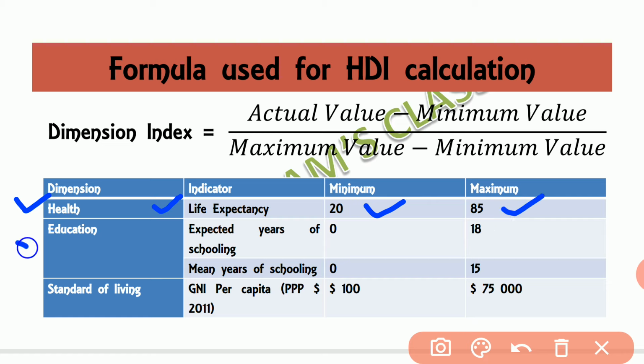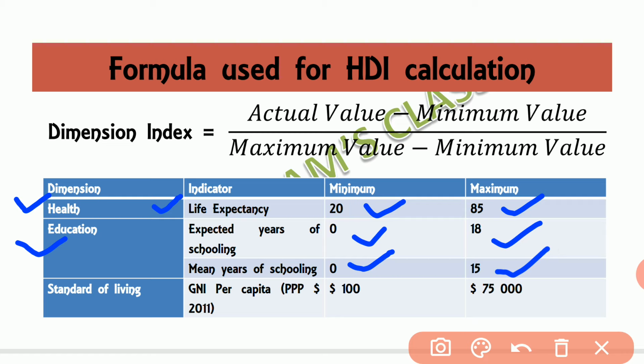For education dimension, there are two indicators. Number one is expected years of schooling. For this, minimum value is 0 and maximum value set is 18. And for mean years of schooling, again minimum value is 0 and maximum value is 15.